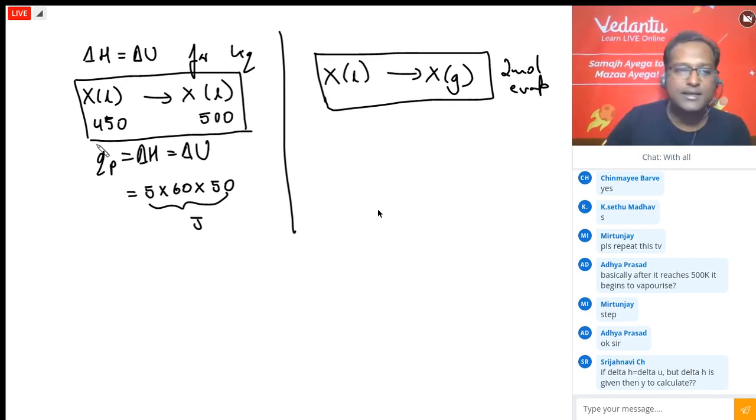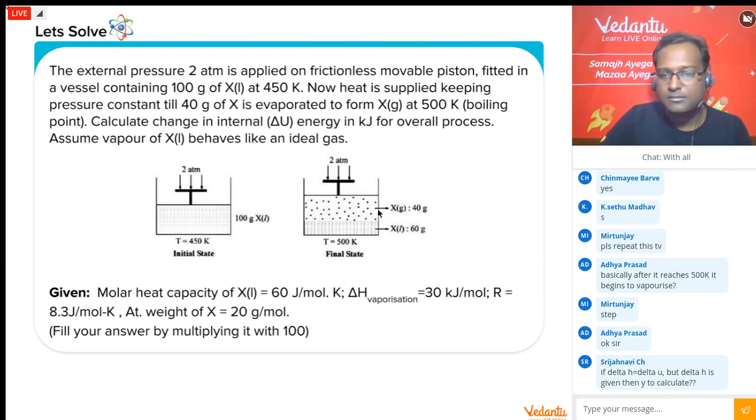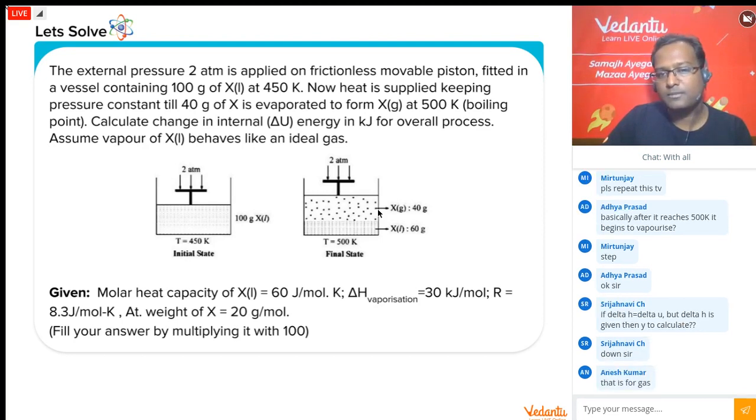Where is delta H given? You forgot to look further down.